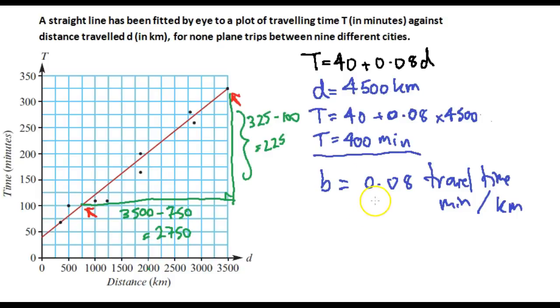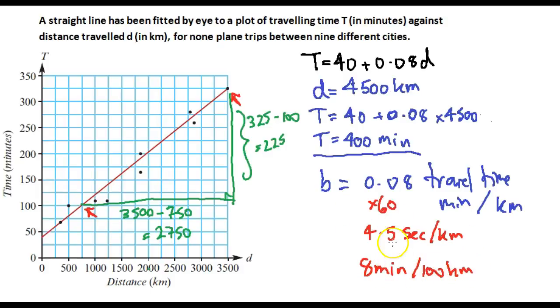So if we happen to change that to seconds, we multiply by 60, we get 4.5 seconds per kilometer between the cities. Or another way of looking at it, if we change that to 100 kilometers, we multiply by 100, it would be 8 minutes per 100 kilometers between cities. So that's the meaning of the gradient. I hope that helps you with your questions.